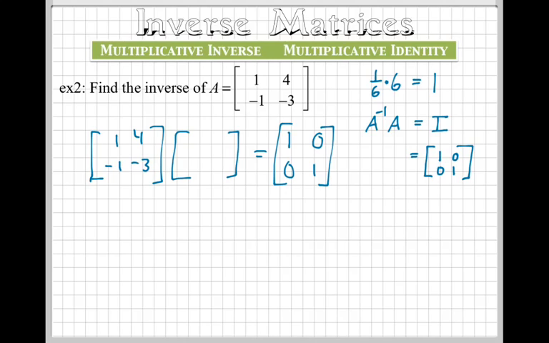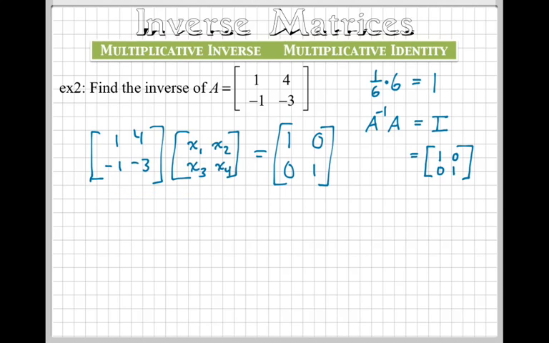Well, let's go ahead and throw in some variables here. Now this would have to be a 2 by 2 matrix here. And to figure this out, let's multiply these two matrices out and see if we can solve for these variables.